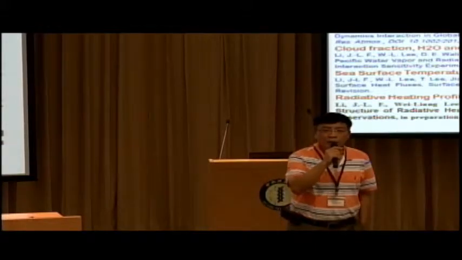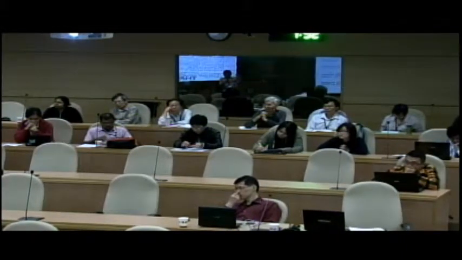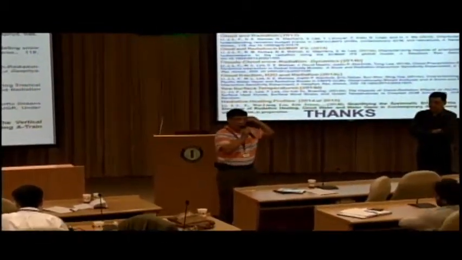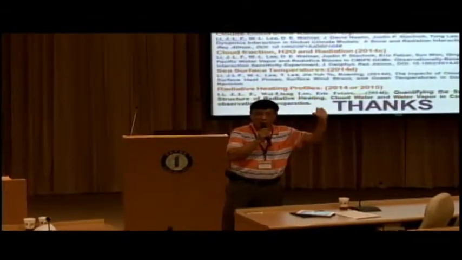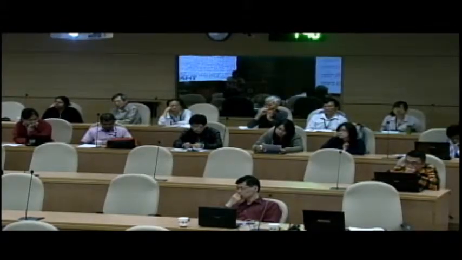No, we didn't do that. We just used their model output. And their model does not put the falling particles in its radiation calculation. We just used the CloudSat CALIPSO derived radiative heating rate as a reference and took the difference. We didn't do any sensitivity test in this talk.